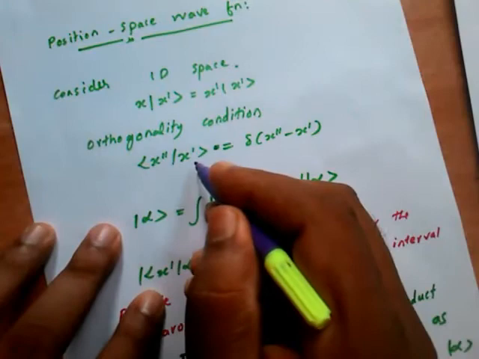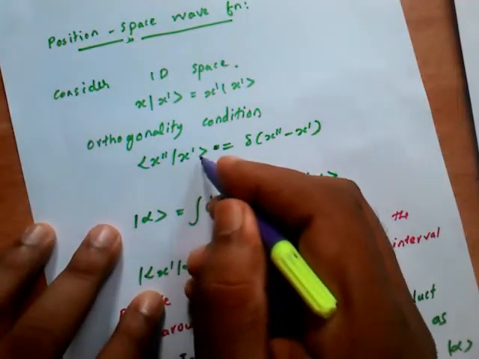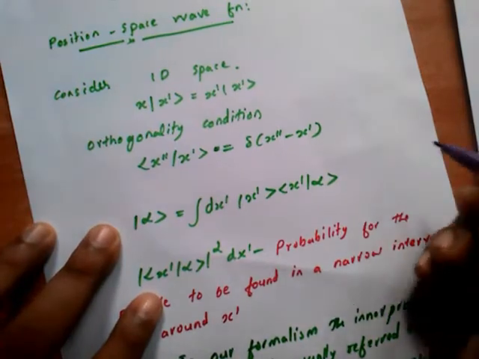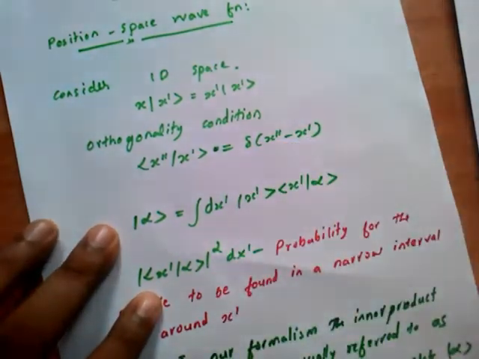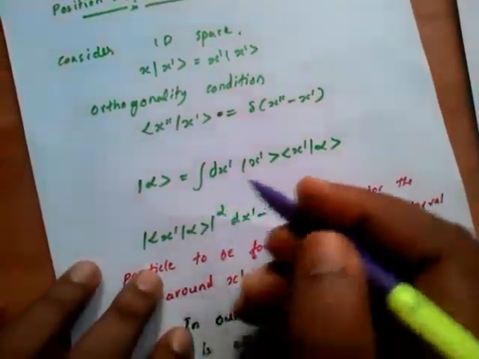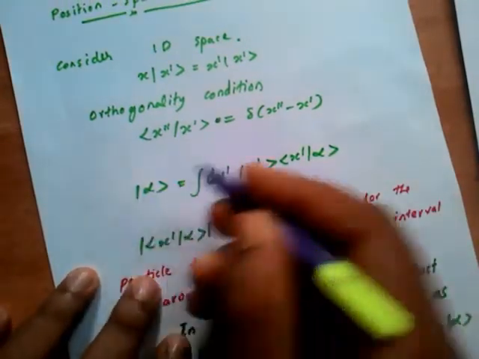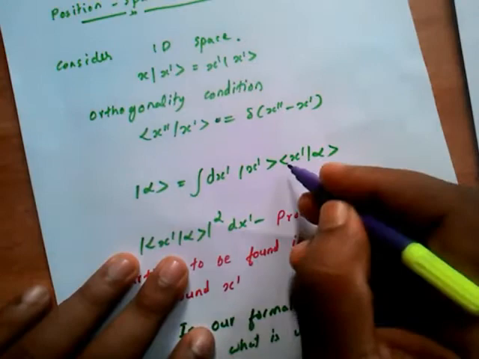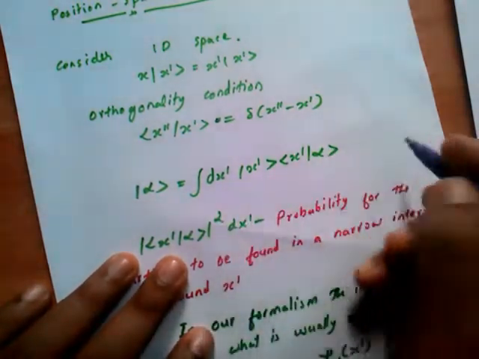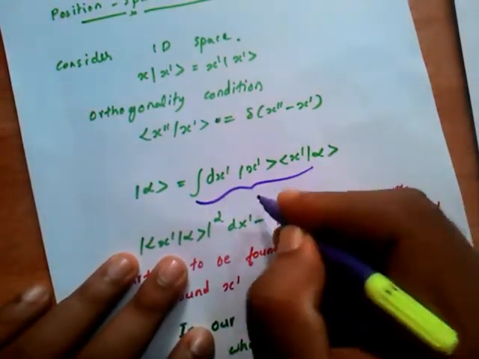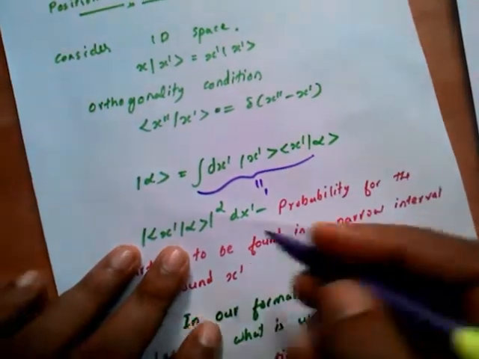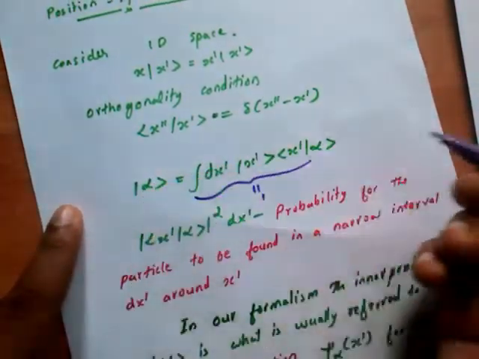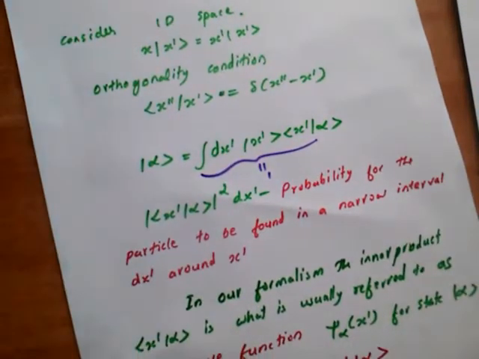Inner product of x double dash and x dash equals delta of x double dash minus x dash. We have discussed it earlier. And a state ket alpha can be represented as integral dx dash outer product of x dash, alpha. The value of this term is equal to 1. So we can represent any ket like this.